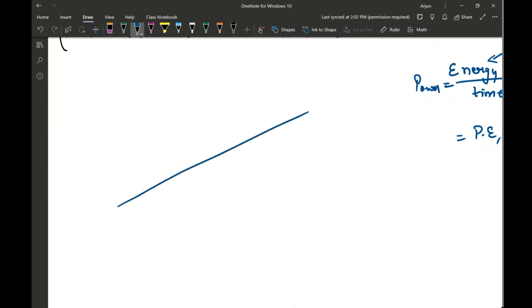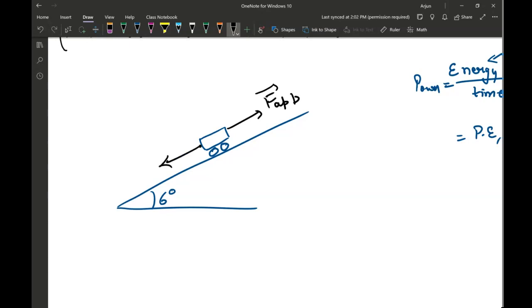First of all, this is the slope and the degree of the slope is 6 degrees. There is a car and this is the car which is moving up the hill. If the car is moving up the hill, then there will be an applied force up the hill, force applied. And then there will be an opposite force, that will be the force of friction. Now, I'm not going to take the vertical forces because I don't want you guys to feel confused.